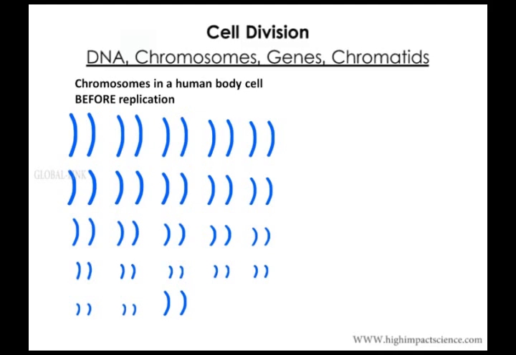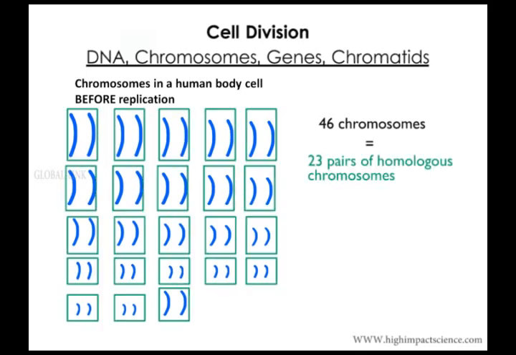If you look at the human body cells, there are 46 chromosomes, and each chromosome has a homologous partner. This means there are 23 pairs of homologous chromosomes. In this case, the cell has not yet undergone DNA replication or the interphase.